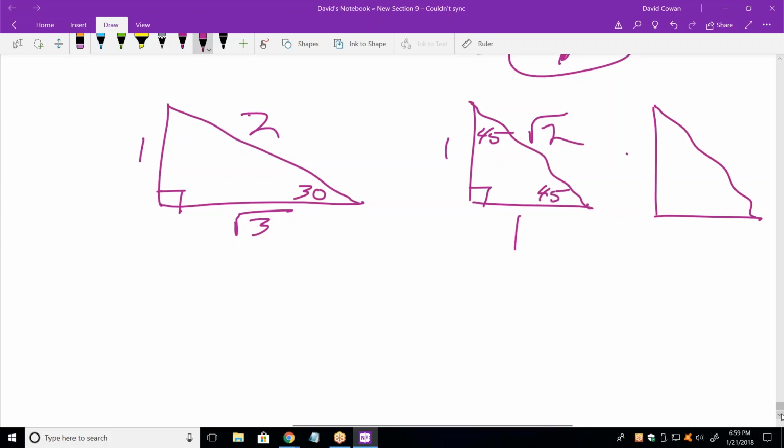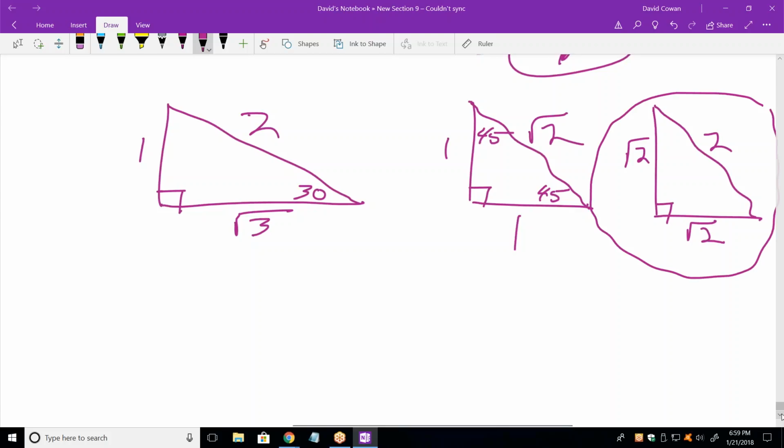They'll make this root 2, and that 2. Well, that's the same 45-45 triangle. It's just root 2 bigger. In other words, the scale factor is root 2 between these two. The advantage of teaching students this one is that the sine of 45 degrees comes ready rationalized.